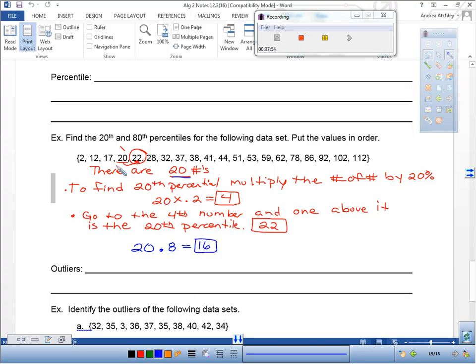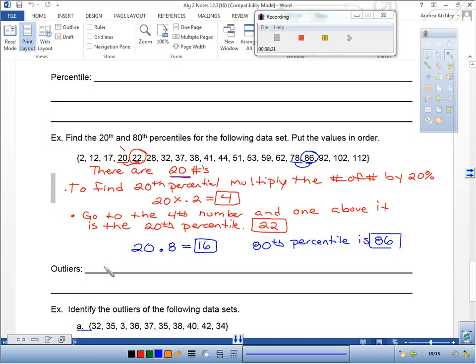So you go to the 16th number, 1, 2, 3, 4, 5, 6, 7, 8, 9, 10, 11, 12, 13, 14, 15, 16, and then 1 above it. So the 80th percentile is 86. Any questions over that?